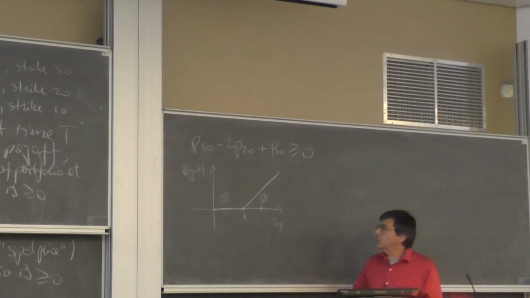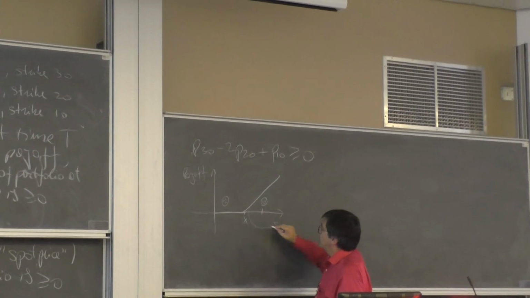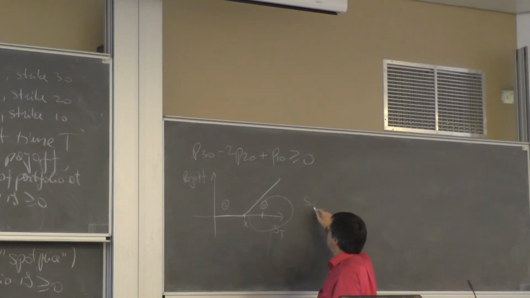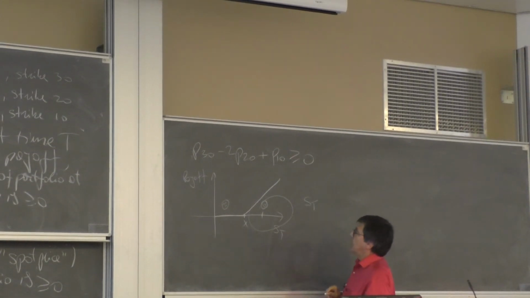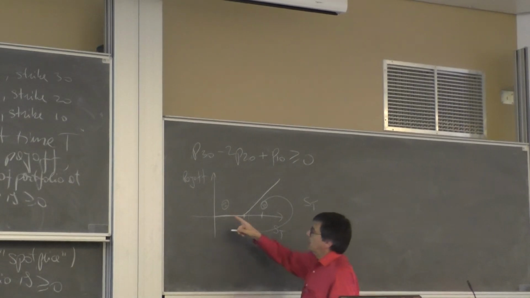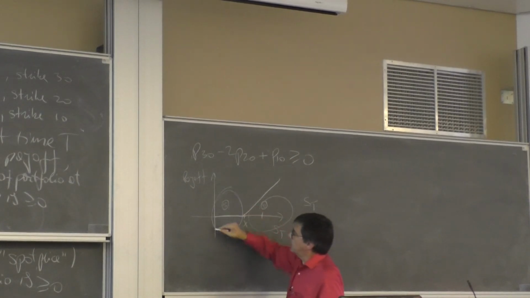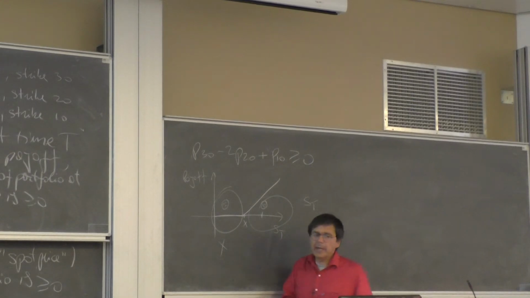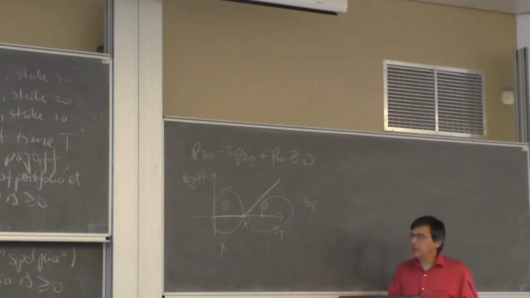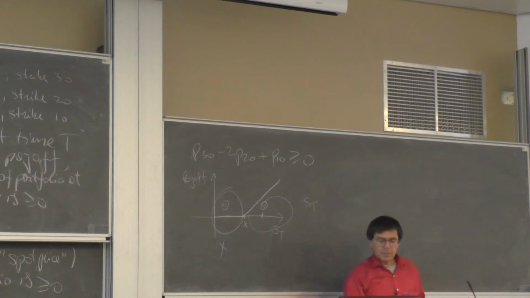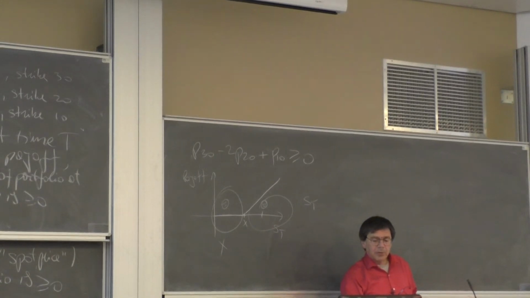So there were two cases here. If we find ourselves here, the price of the portfolio A ended up being ST. If we found ourselves in this kind of state of the world, the portfolio A ended up being worth X. So how much is portfolio A worth?